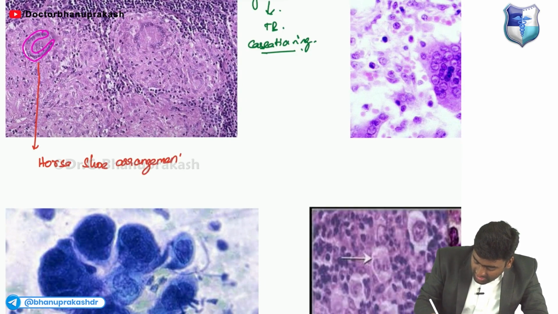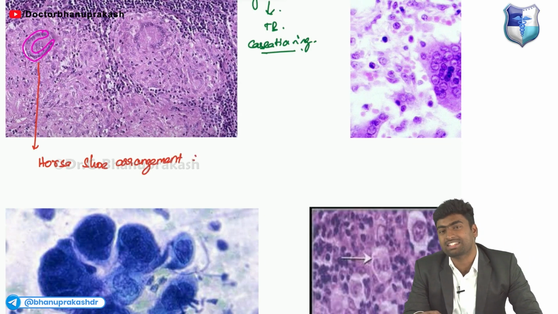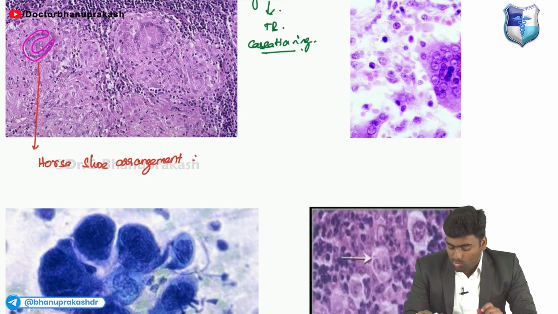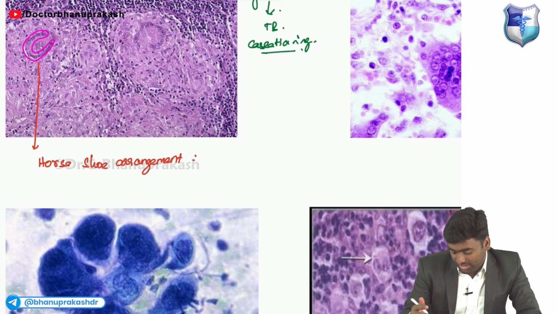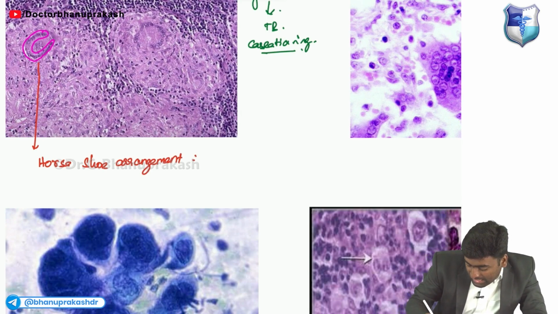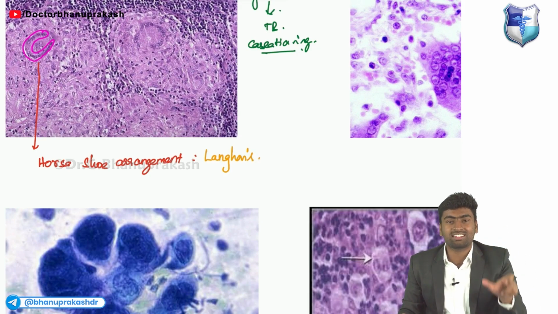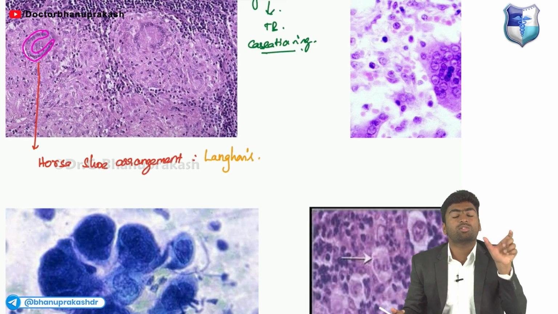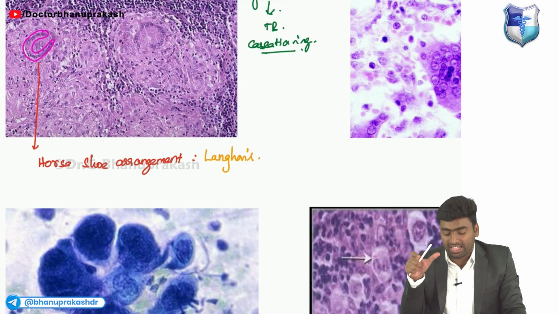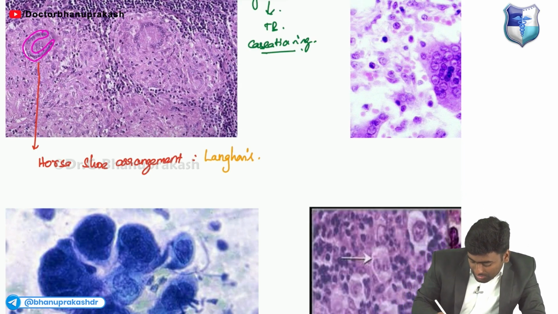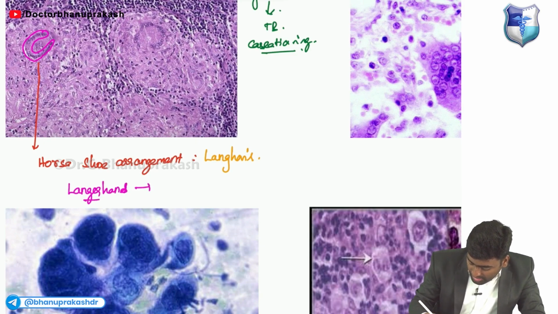They will give this slide and the classical history of TB and ask you the name of this giant cell. It is Langhans. Remember, there are two cells, Langhans giant cells and Langerhans cells. Remember Langerhans: ger for der, means it is a derma cell.